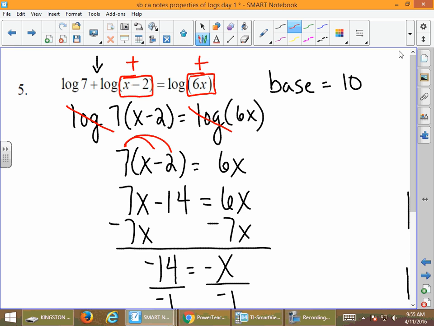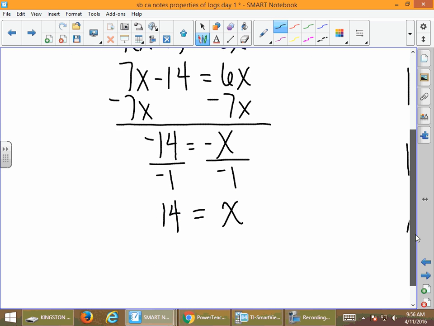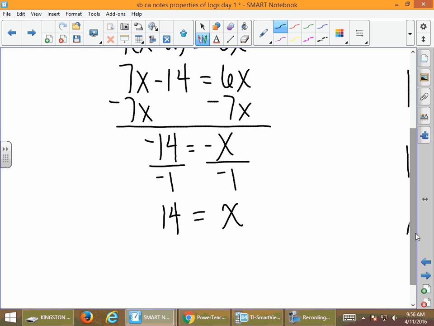Whenever there's a variable in the argument part of the logarithm, that value has to be positive. So it could not have a negative x because that would make that negative. So is 14 minus 2 going to give us a positive number? Yes, 12, a positive number. 6 times 14, positive 6 times positive 14, whatever it equals is still positive. So our answer is 14.